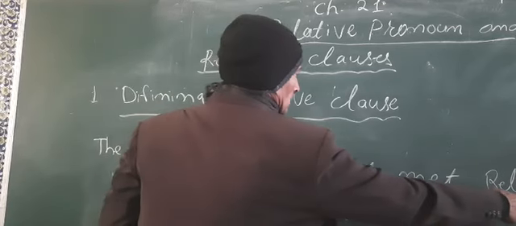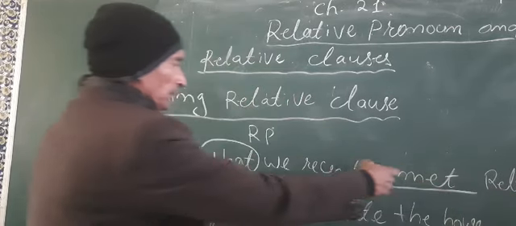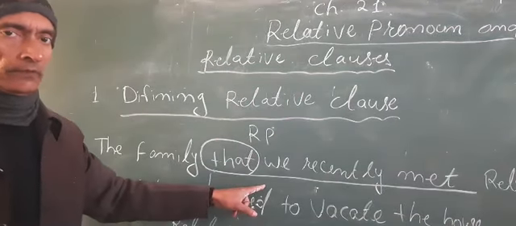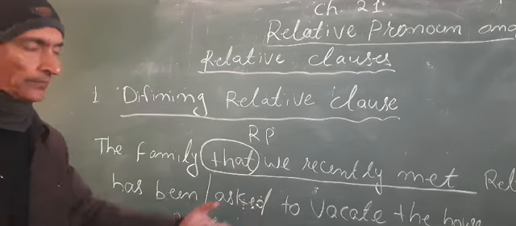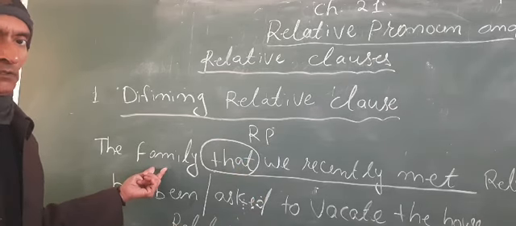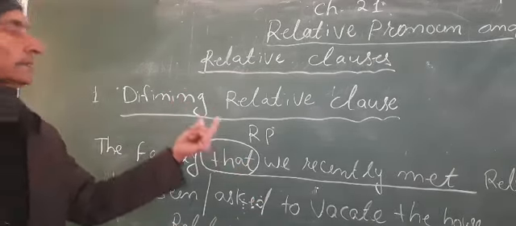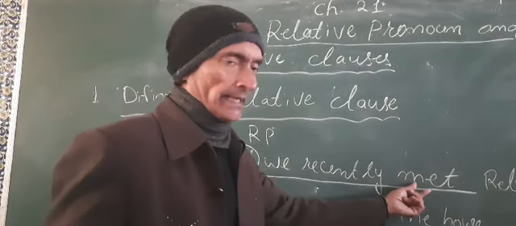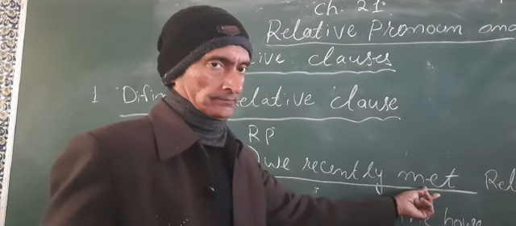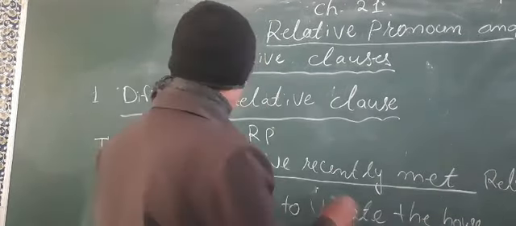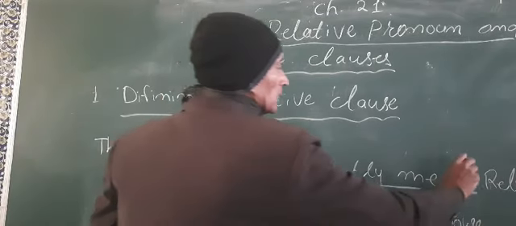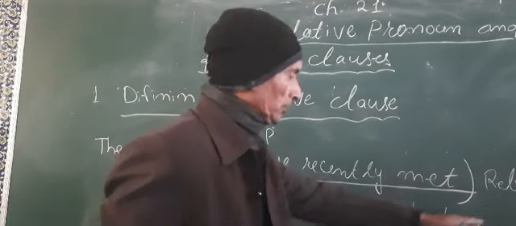This relative clause is giving us some extra information about the family. Only from here to here. This is the relative clause, not this one.